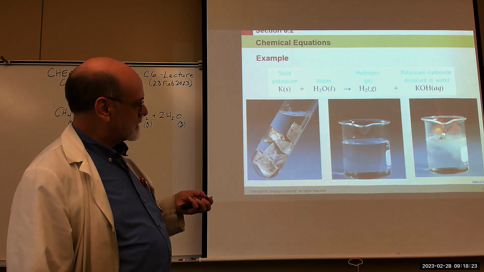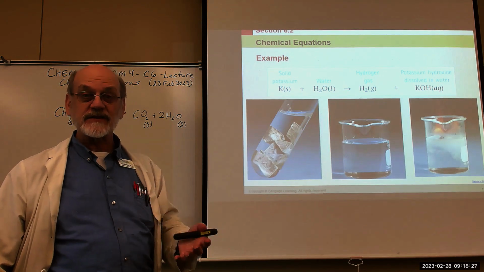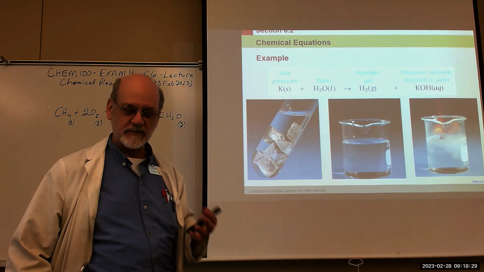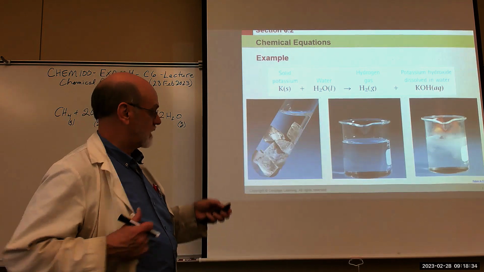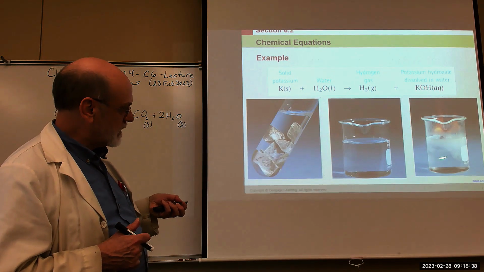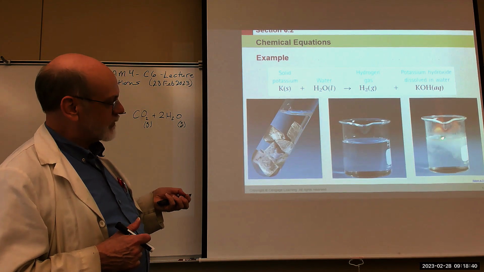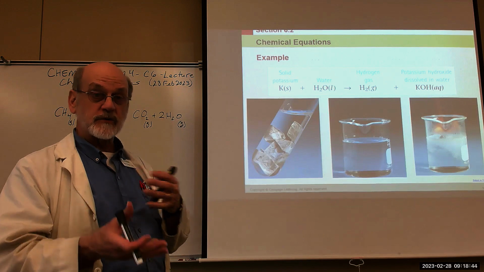And notice that there's so much heat produced that the hydrogen gas ignites when it reaches the atmosphere, when it combines with oxygen. That's a separate reaction. This reaction only defines what happens in here. There's another reaction that goes on up here where the hydrogen is reacting with the oxygen to produce water.